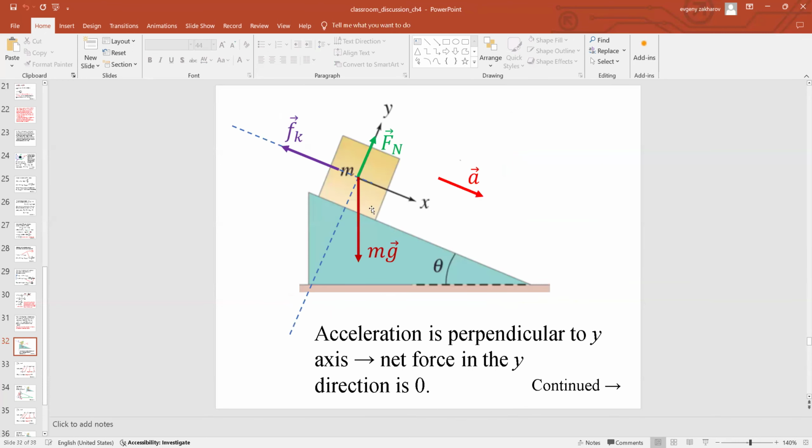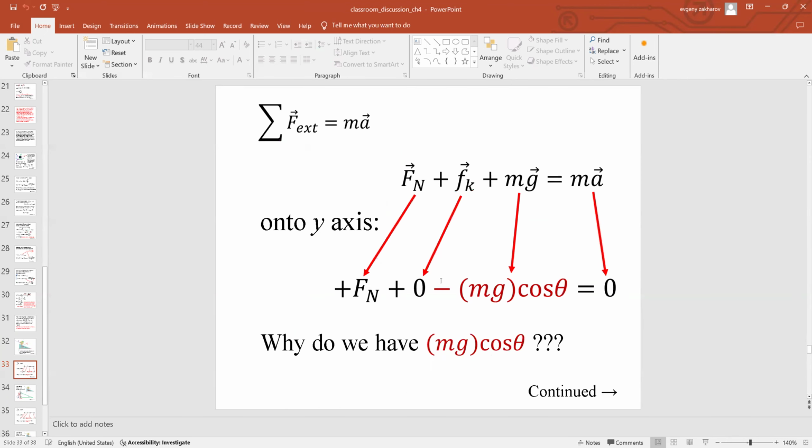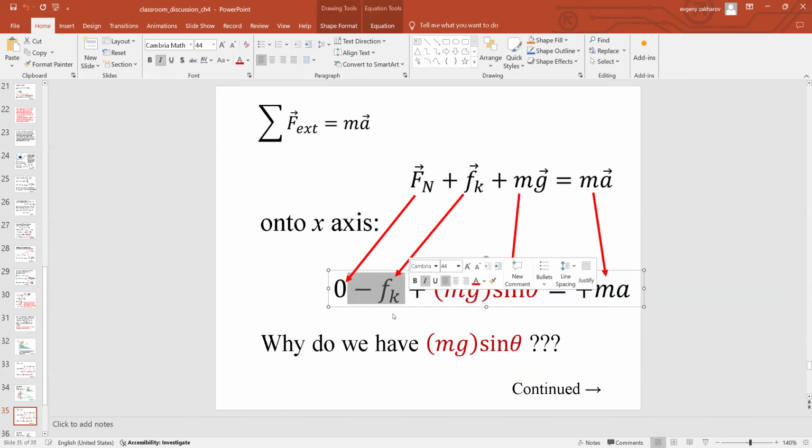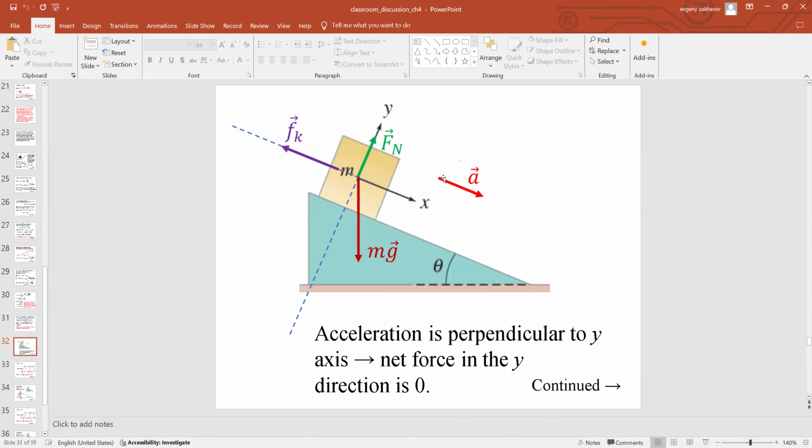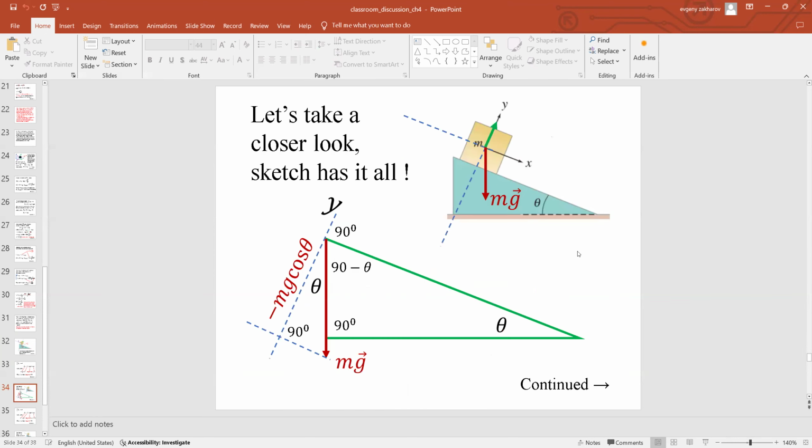Kinetic friction is opposite to positive x, therefore it has a negative component onto the x-axis. Acceleration has the same direction as x, positive direction, so acceleration is just plus ma.